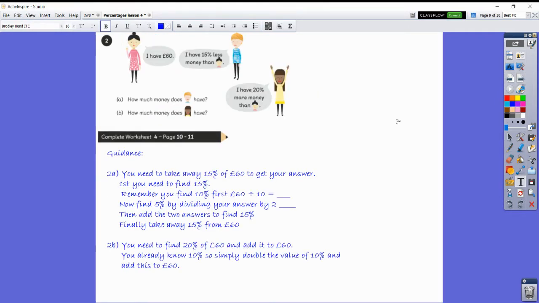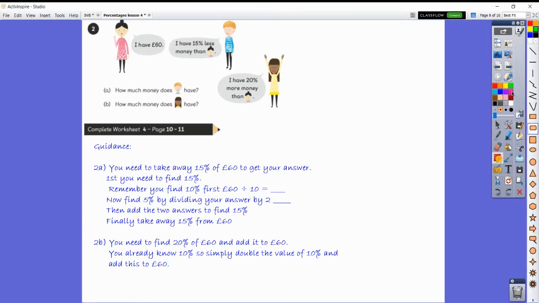So for number 2, this girl has £60. The boy has 15% less money than the girl, and the other girl has 20% more money than the girl. So it says, how much money does the boy have? Okay, so we could draw a bar model. So I'm going to draw a bar to go with 2A. So we've got my first bar, which represents what the girl has.